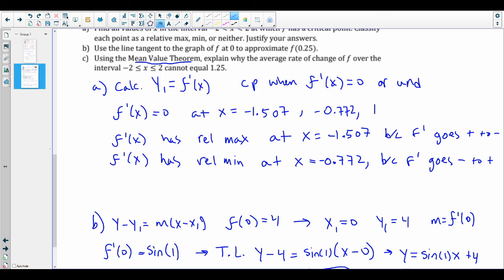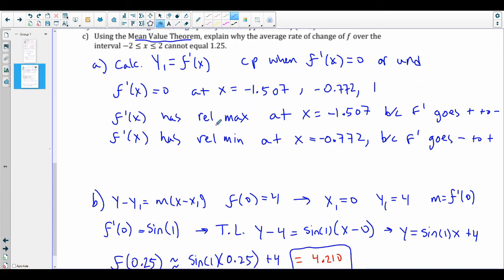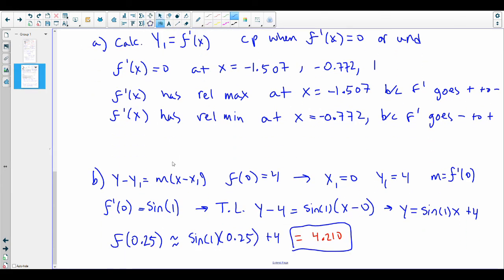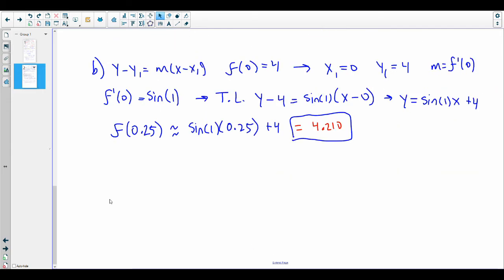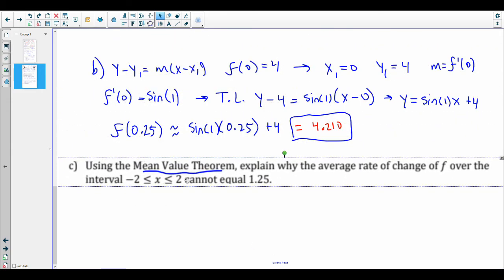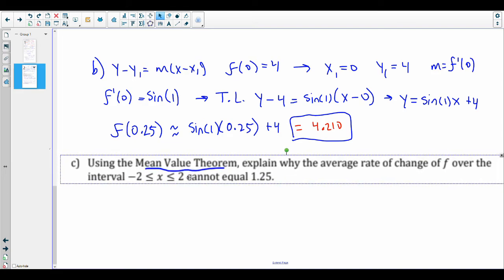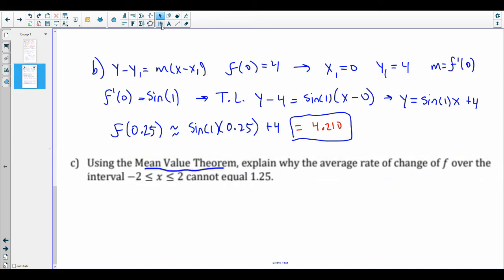That way we can look at it while we talk about it. Okay. So let's think about this.